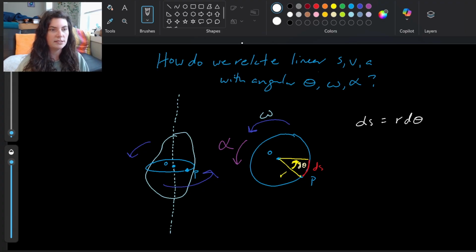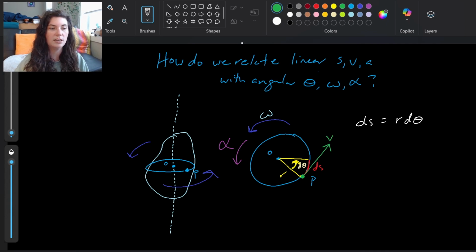Then we have our velocities. Right, and if we remember back to our curvilinear motion and our velocities, thinking about how this point P is moving, let me use a good color, maybe green. How this point P is moving is that our velocity is always tangent to the curve, right?